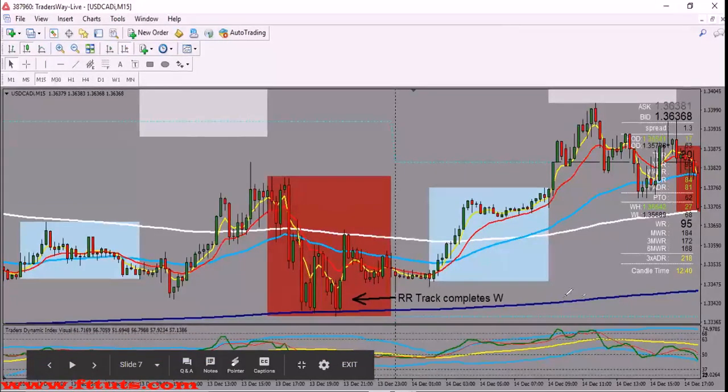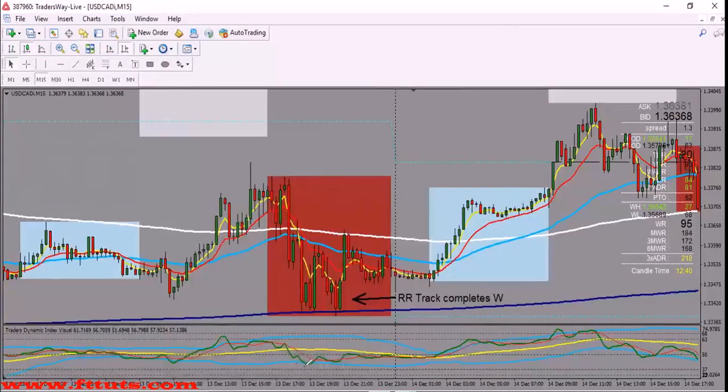So we do have the TDI outside the volatility band, closes back inside on the second leg, and we have a pin to the blueberry. Second leg is a railroad track. You see that railroad track entry, and it pins twice to the 200, to the 800 EMA, and that completes our W formation.